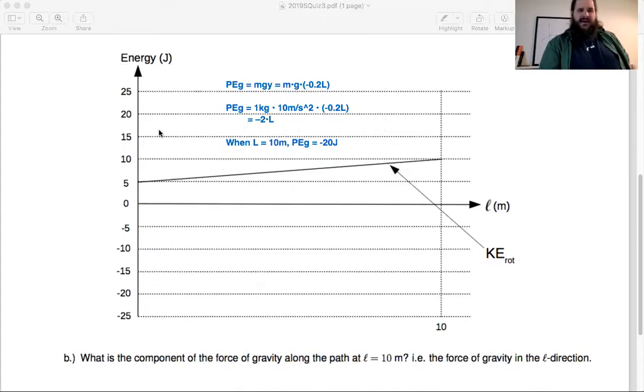So if we put in a data point there at L equals 10, potential energy equals negative 20, we can now draw the potential energy graph, because we know it goes through, what's another point that it has to go through? 0. Yeah. When L is 0, potential energy is 0. So we can draw a graph from 0, 0 to 10, negative 20. That is our potential energy of gravity graph.